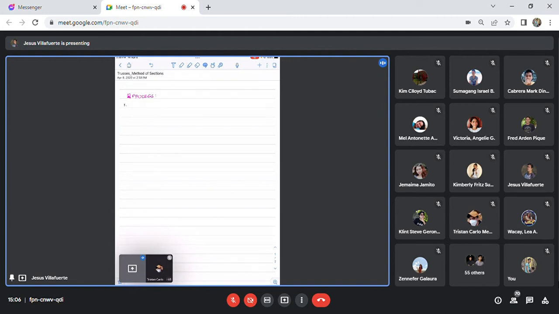So number one is to calculate your support reactions. Again, it is not always the case that you have to solve your support reactions before you can solve the members in your truss, but it is a good start.